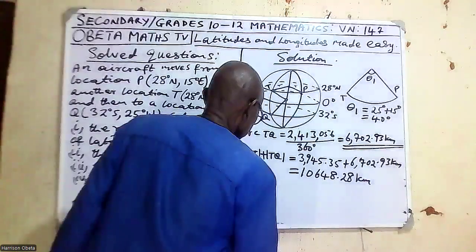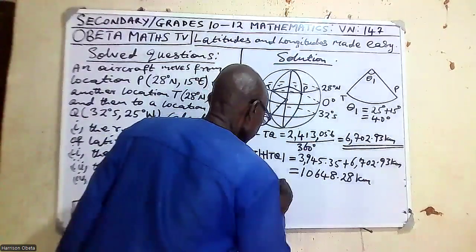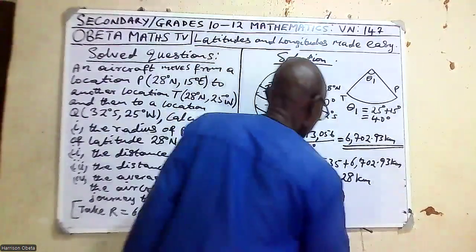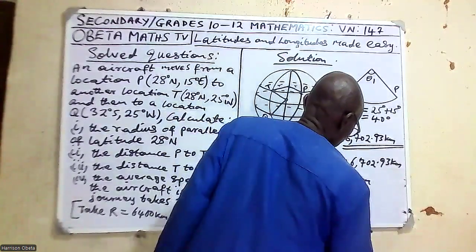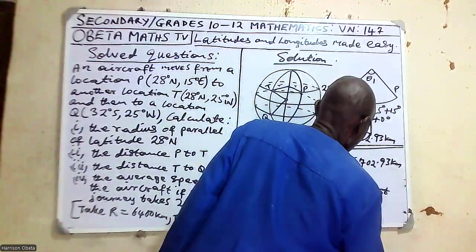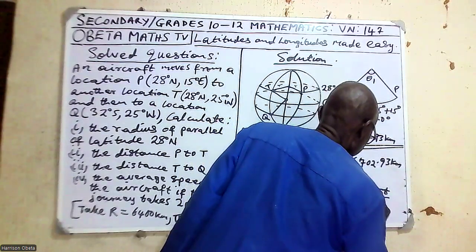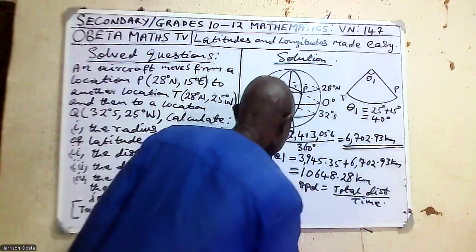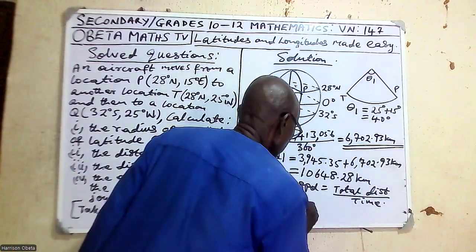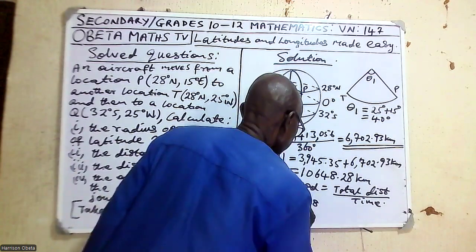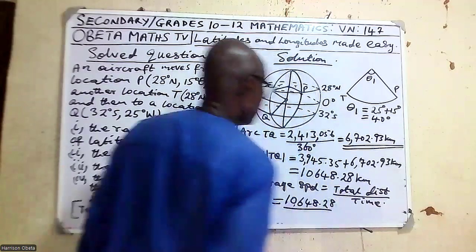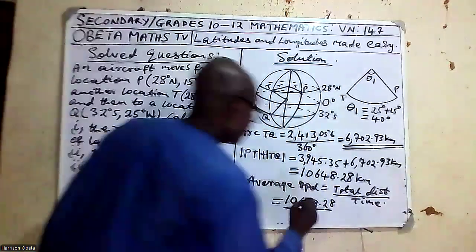Then the next thing is for us to calculate the average speed. Therefore average speed should be equal to total distance over time, and that is equal to 10648.28 over 20.